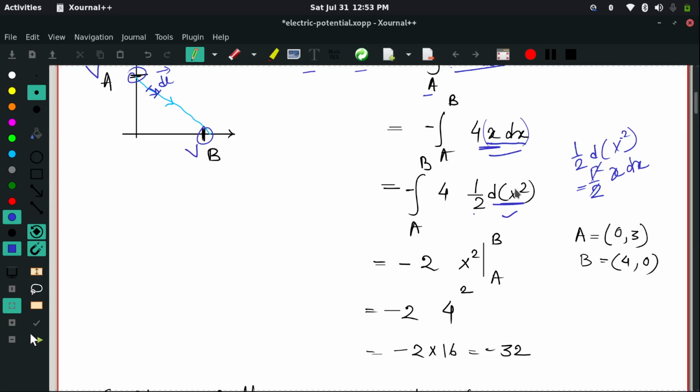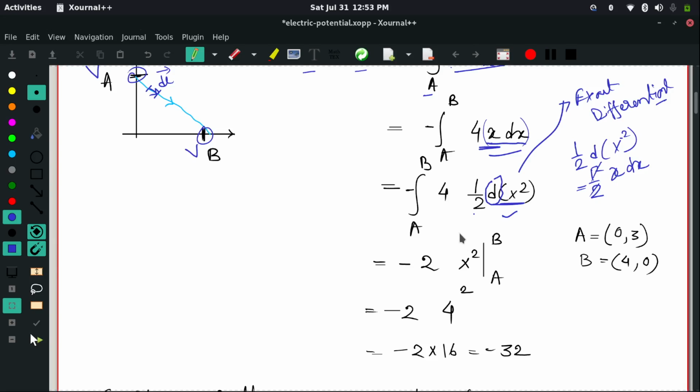When you can write the integrand in this form, it is called an exact differential. When there is an exact differential, you can think of the d and the integration as cancelling each other.